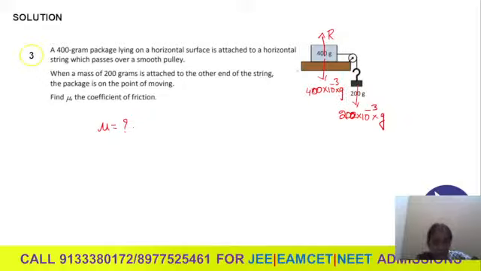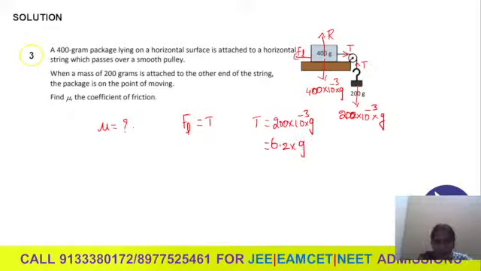And there is a frictional force. So this weight creates the tension along the string. That tension will act this way, and here limiting friction will act. For the condition of equilibrium, limiting friction is equal to T. But T is equal to 200 into 10 power minus 3 into g, which means 0.2 into g.